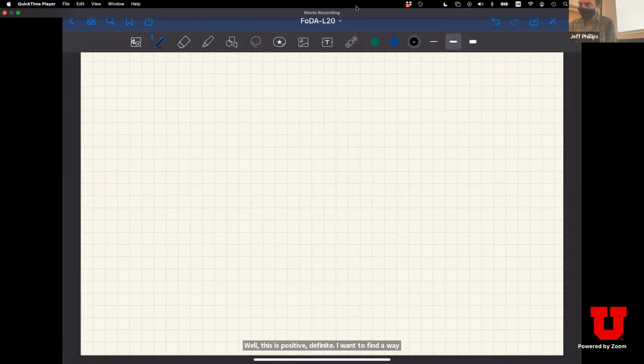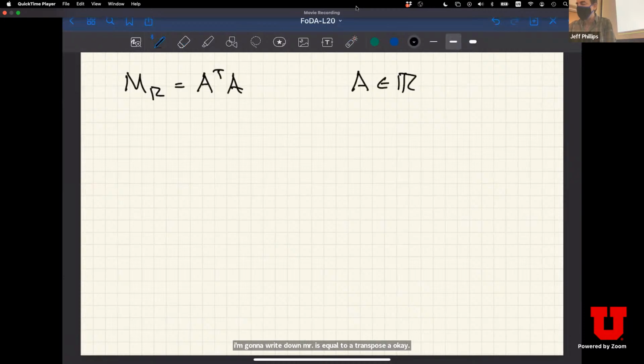So I'm going to write down M equals A transpose A, where again, A is an N by D matrix where N is greater than D. Remember, this was our setup for singular value decomposition, with data points in D dimensions. I do A transpose A. This is now a D by D matrix.